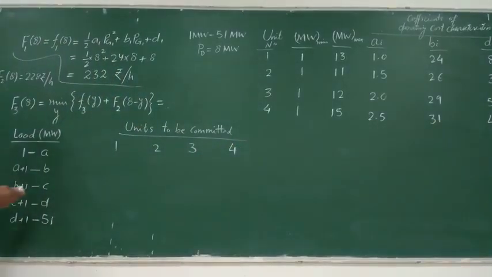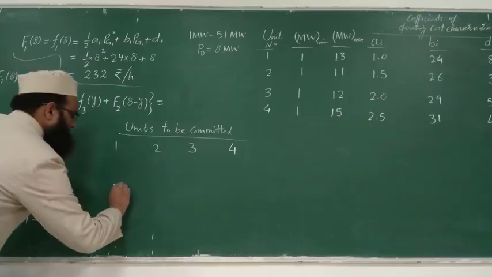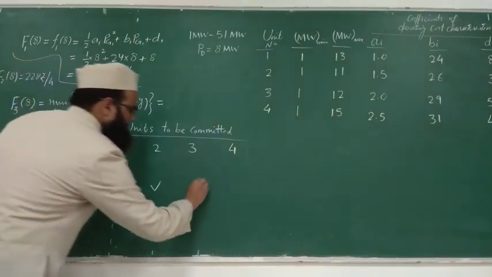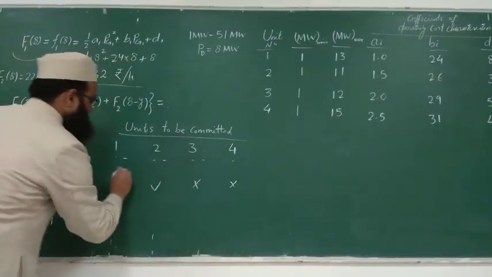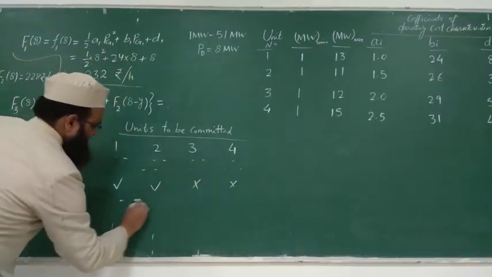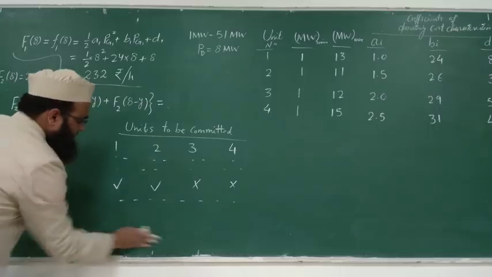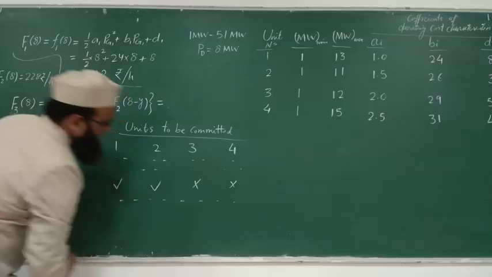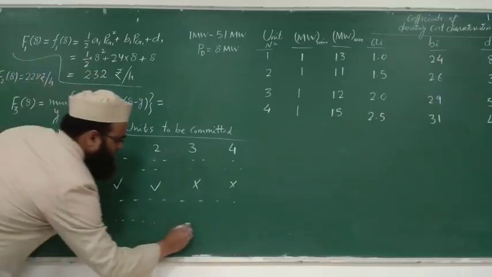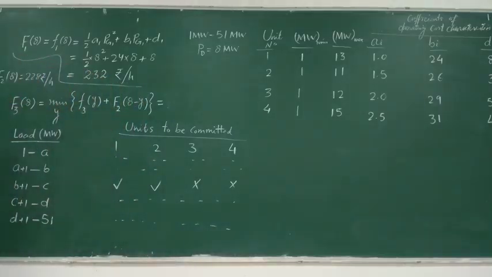So we can mark, like say somewhere this operating, this operating, this not operating, this not operating. Similar signs can be done for other places. So this is the unit commitment table.